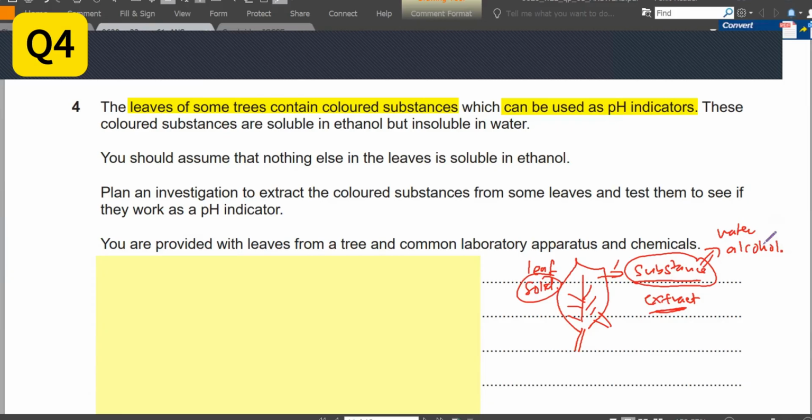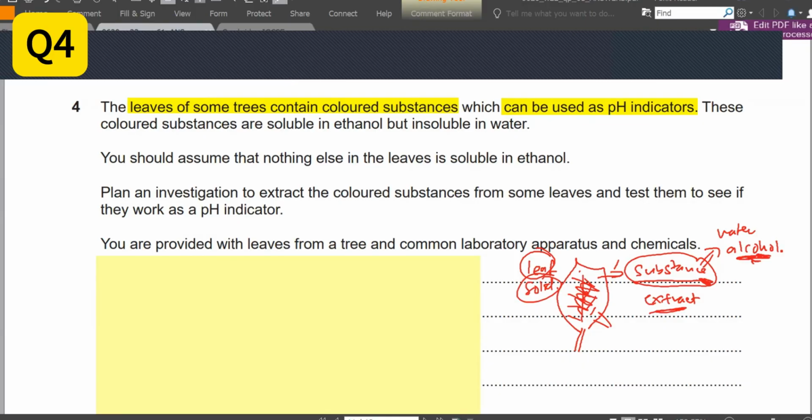So what we do here, we will process the leaf with alcohol so that the substance that we want will dissolve in alcohol. Then we will filter, or use another method, to separate the solid part, then we can have the substance in the alcohol. So that's the main point.